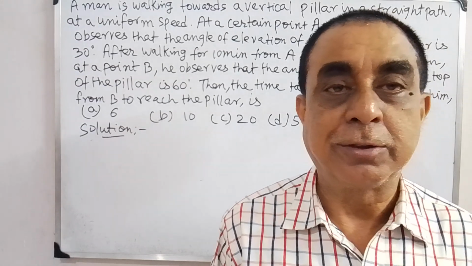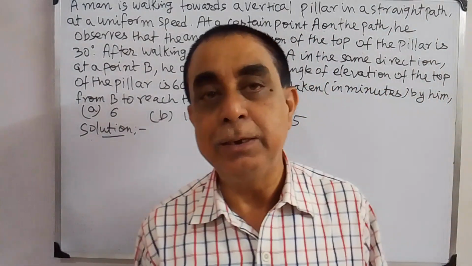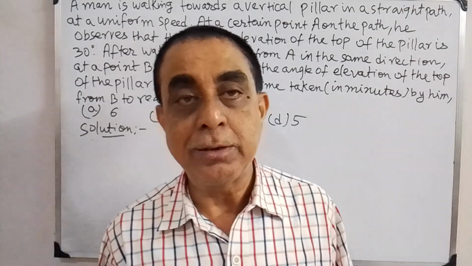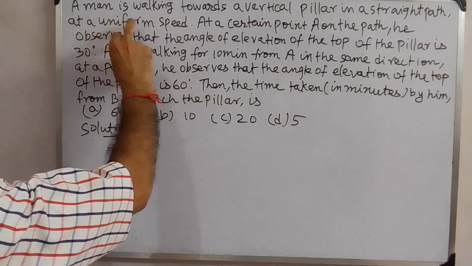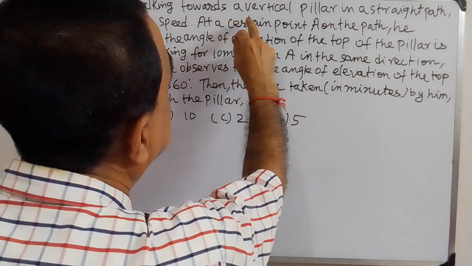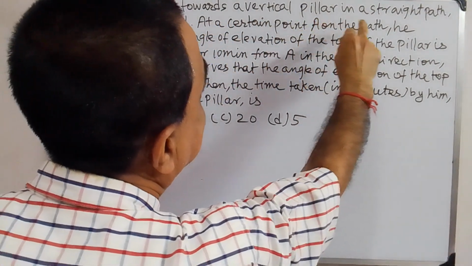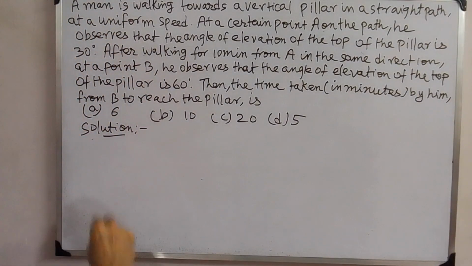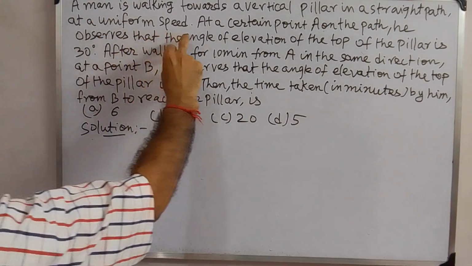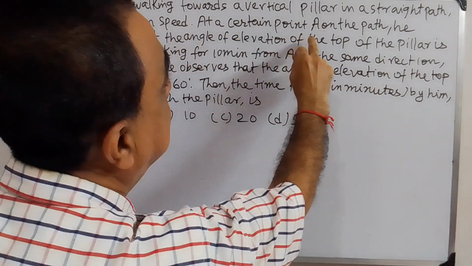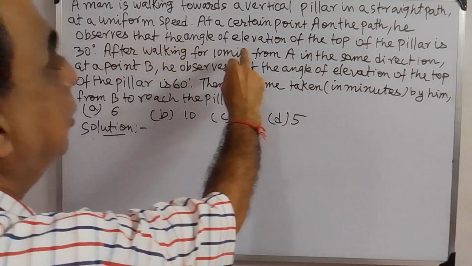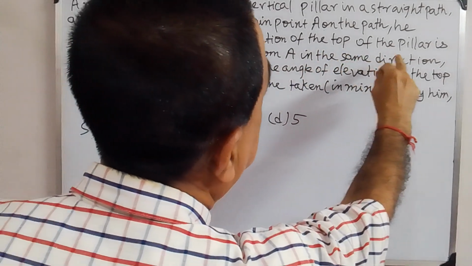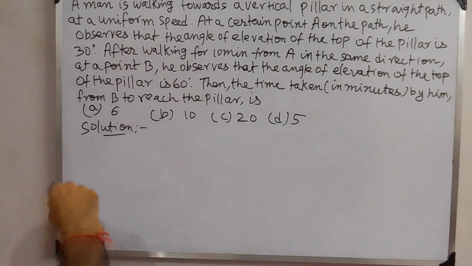Today we are doing a sum from JEE Mains 2016. The sum reads like this. A man is walking towards a vertical pillar in a straight path at a uniform speed. At a certain point A on the path, he observes that the angle of elevation of the top of the pillar is 30 degree.